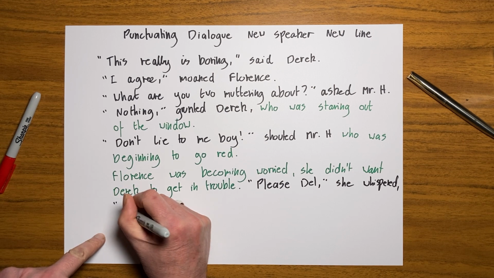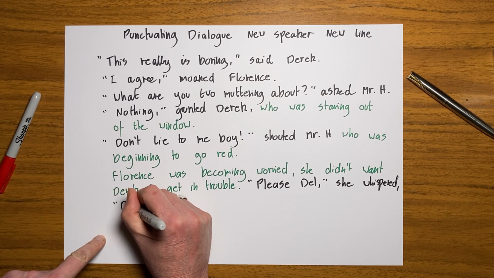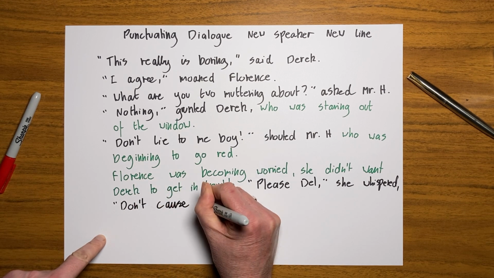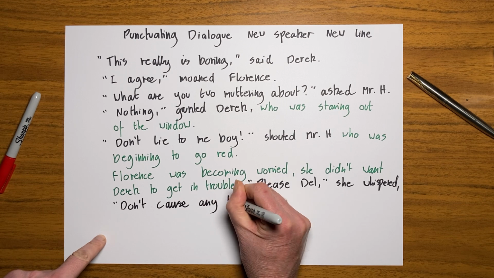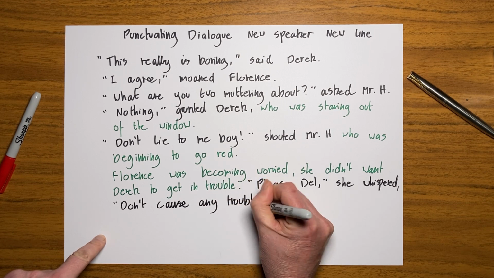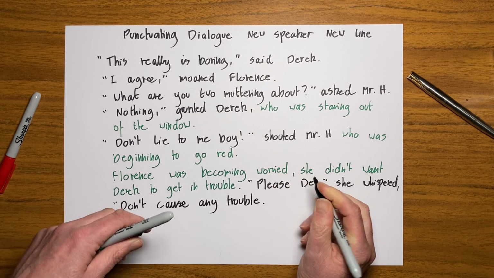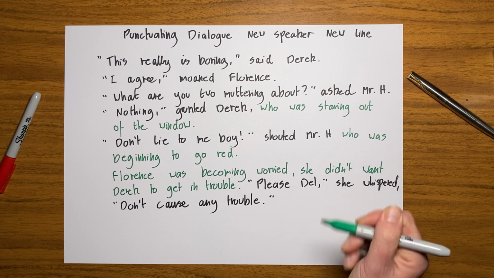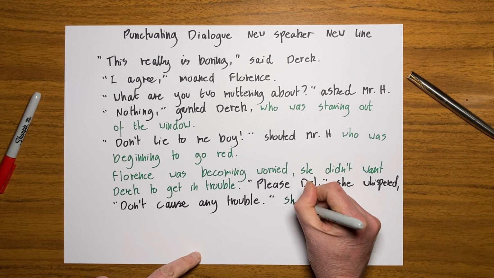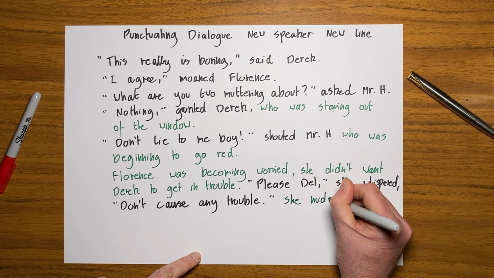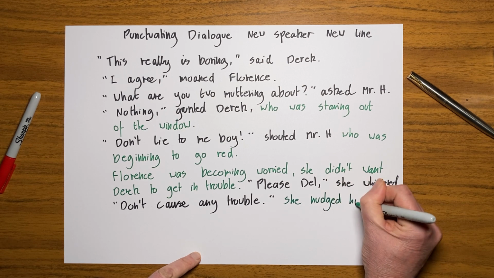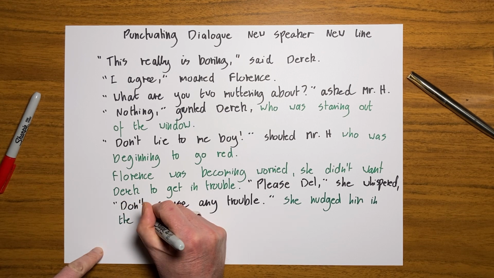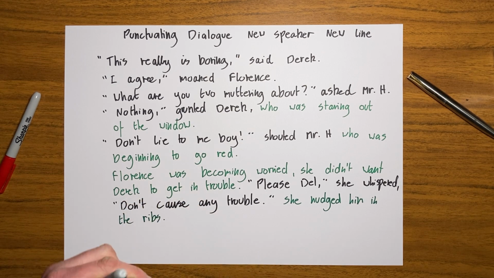"Please, Derek," she whispered, "don't cause any trouble." Full stop here. And some more description: She nudged him in the ribs. So there you go.